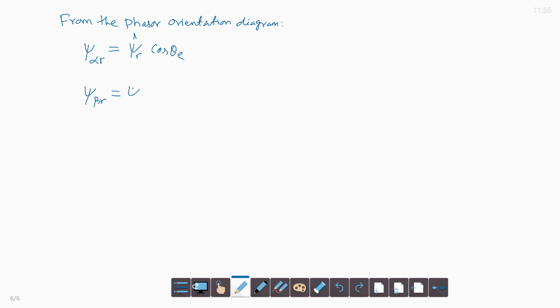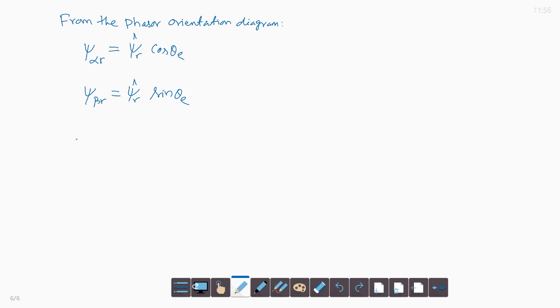From the phasor orientation diagram, as you can see, psi alpha r is psi r hat cos theta e, and psi beta r is psi r hat, the rotor flux, into sin theta e.